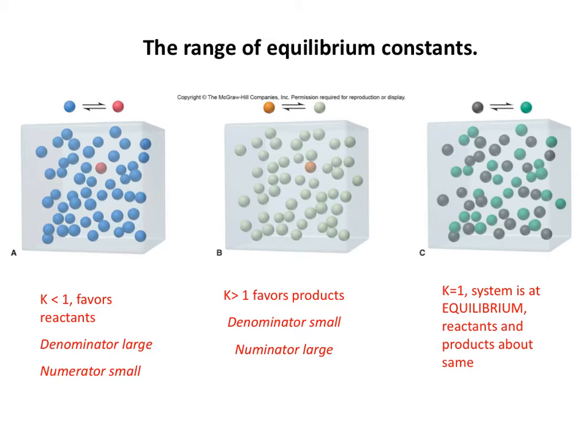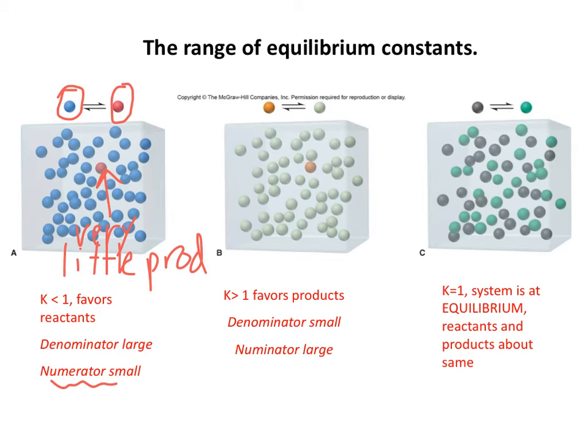In this case, the blue molecules are the reactant. The red is the product. So obviously, in this case, there is very little product. And we would say that the numerator is small because that's the product.